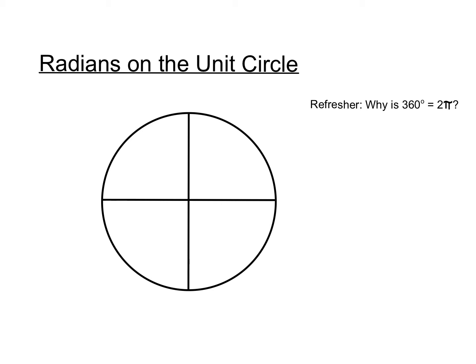So a quick refresher, why is 360 2 pi? Well, remember, the radius on here is 1, and so the circumference would be pi times the diameter. If we go all the way around this circle, the diameter is going to be 2.